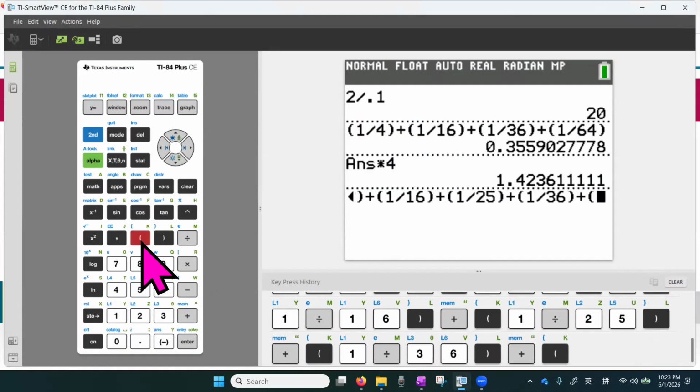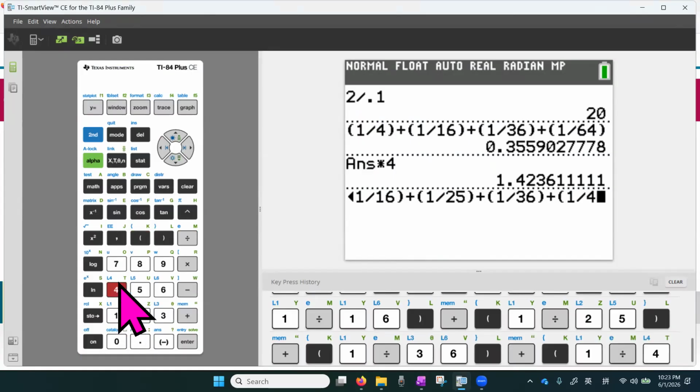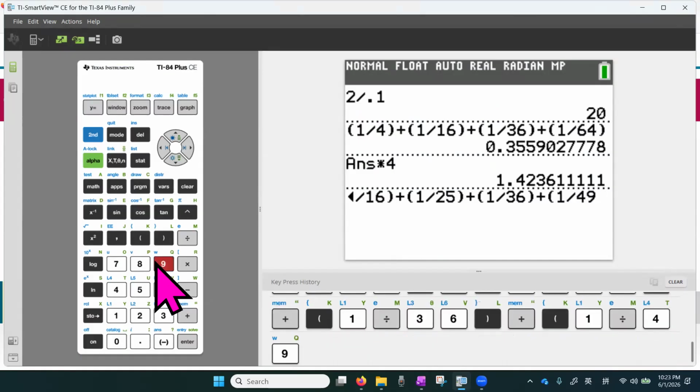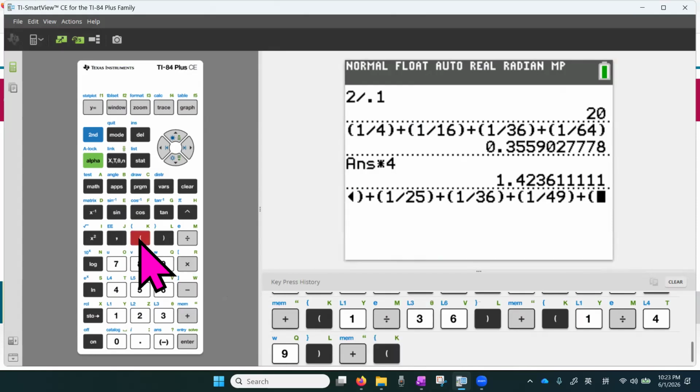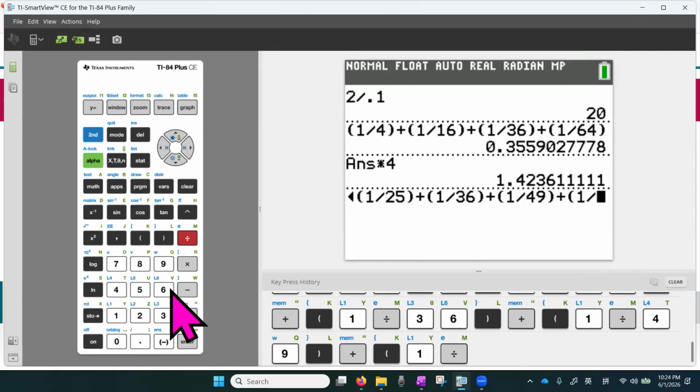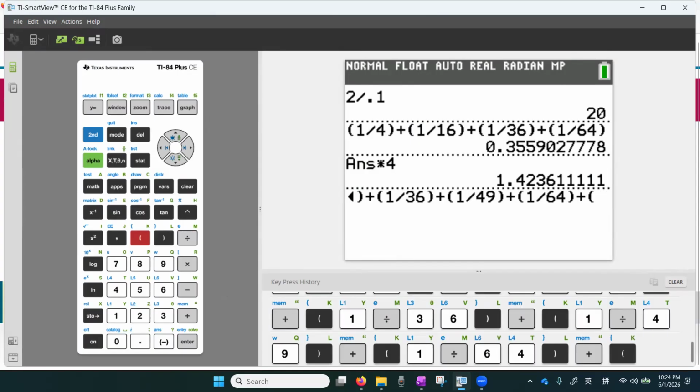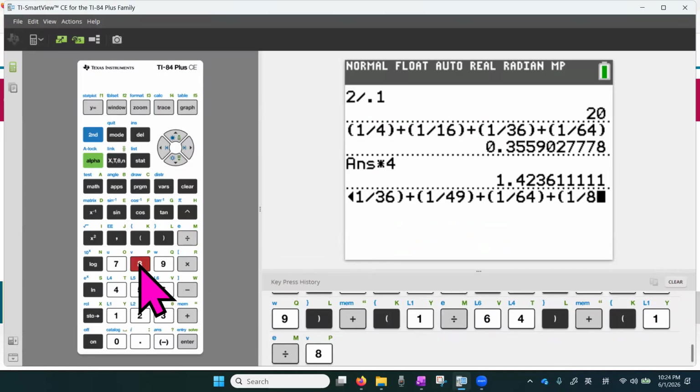Oh, sorry, what did I say? 7 squared, 49. 6 squared, 7 squared, 8 squared. 8 squared is 1 over 64 plus 1 over 9 squared is 81.